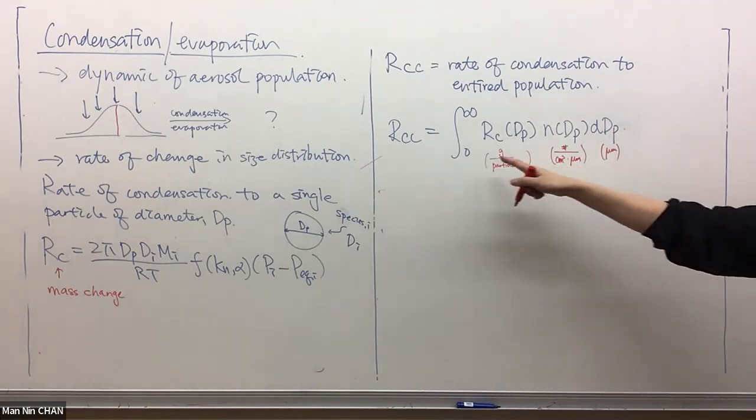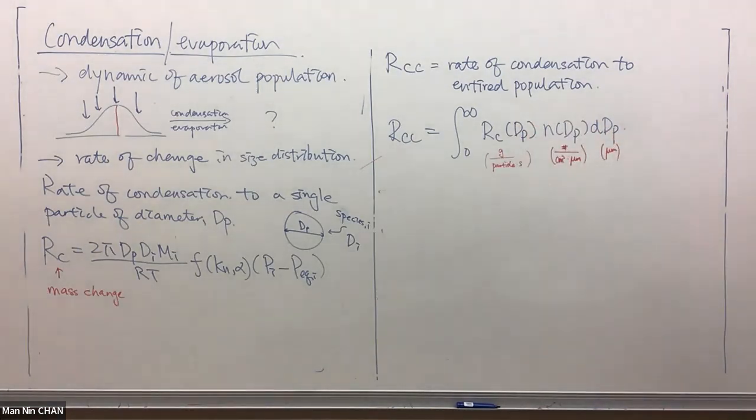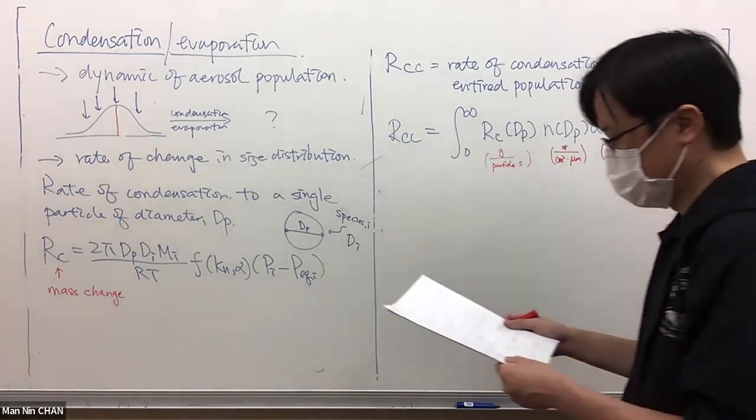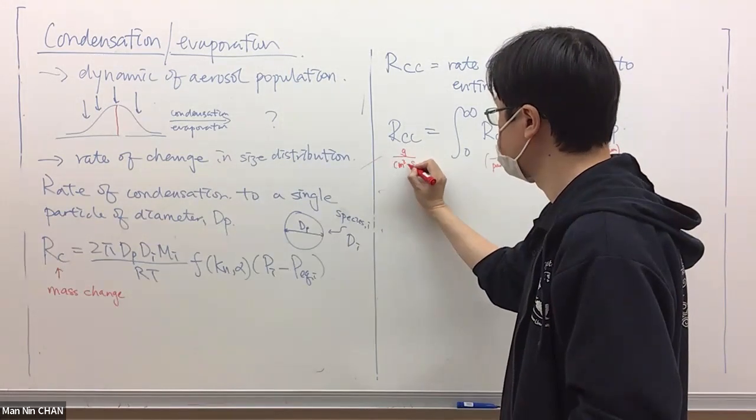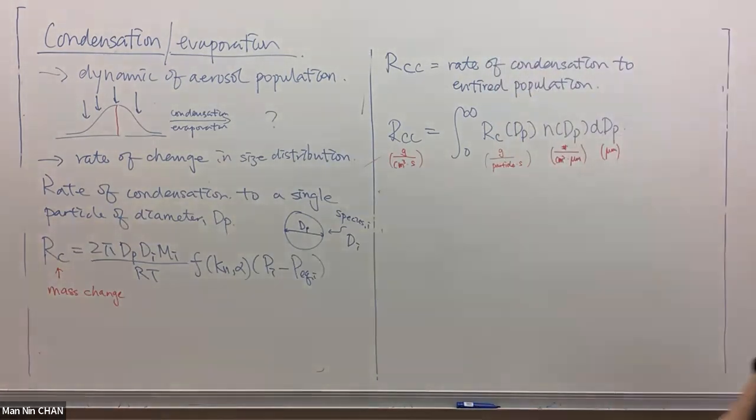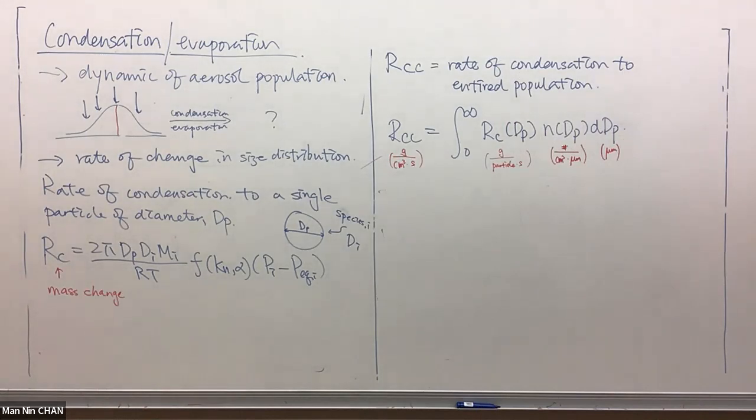So the whole thing, the rate of condensation to the entire population, will have the unit gram per cm cube per second. That would be the unit for this rate of condensation to your entire aerosol population.